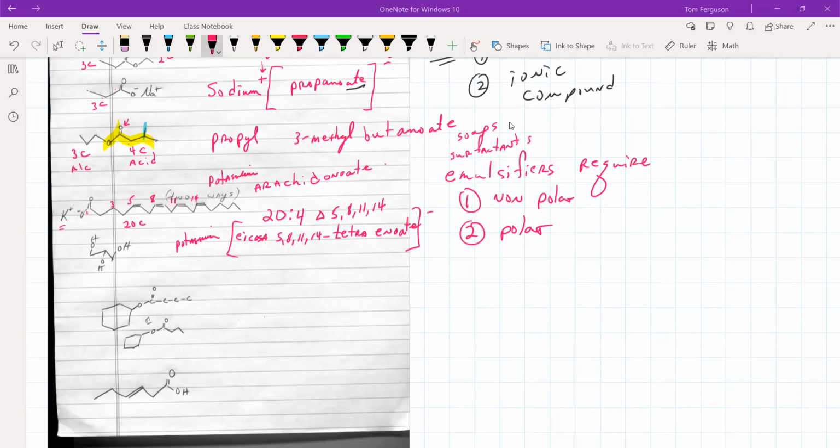Would it help if I allowed a note card? Yes. Look, when I write, it disappears.